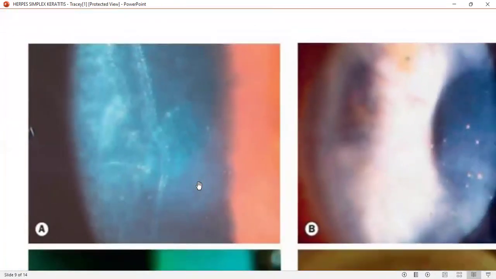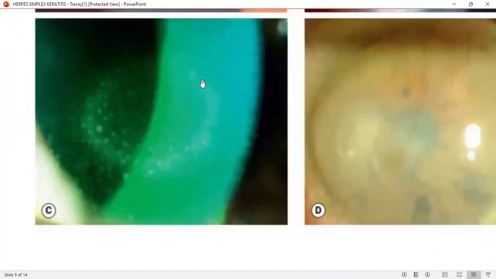And in picture B, you'll be able to see keratitic KPs. And in picture C, you can see the Wessely ring. Actually, the Wessely ring happens when there is a hypersensitivity reaction to foreign antigen. That's where the Wessely ring forms in the stroma.